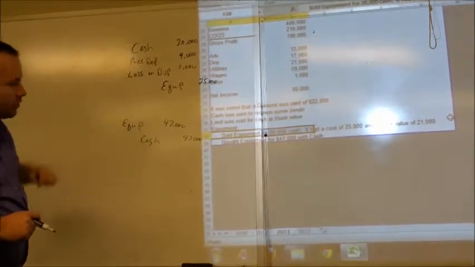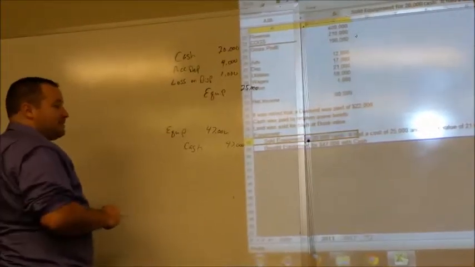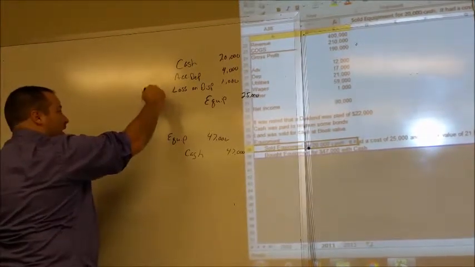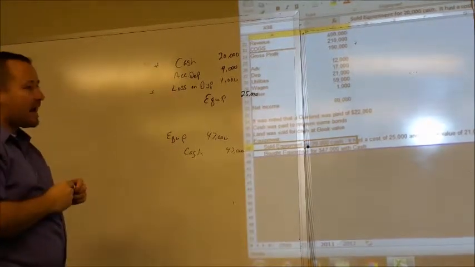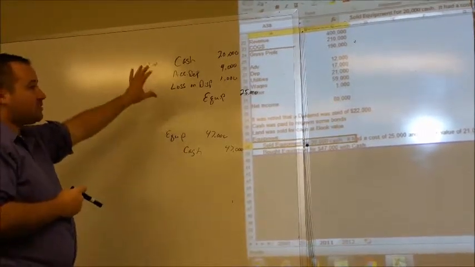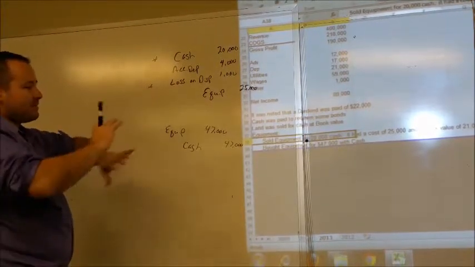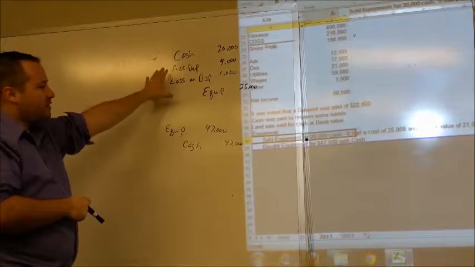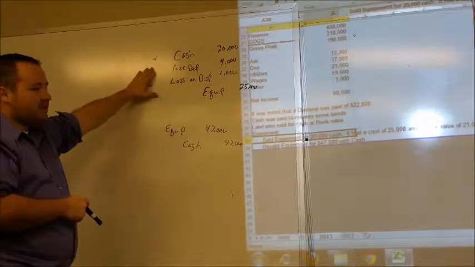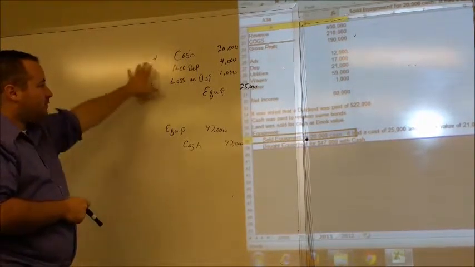Did this journal entry affect net income? Yes. And in a different way, it affected cash. So even though I answered yes to both, net income and cash are in two different areas.